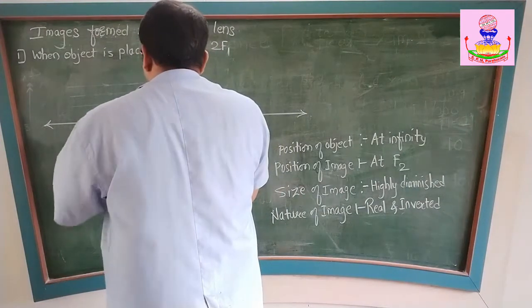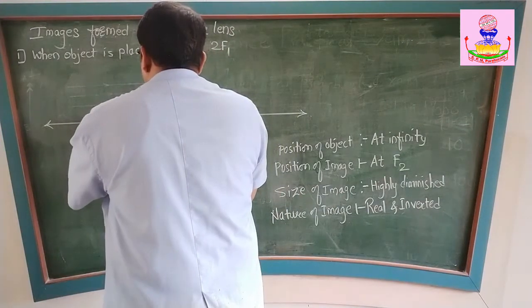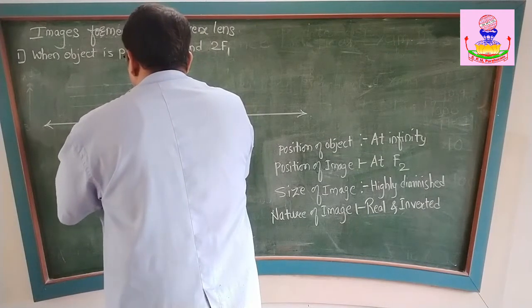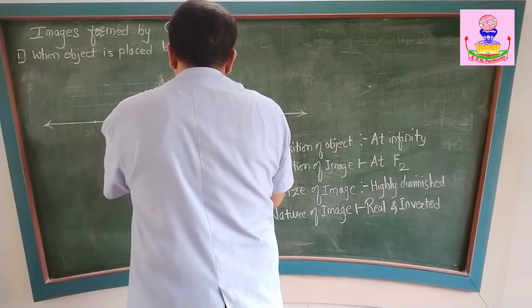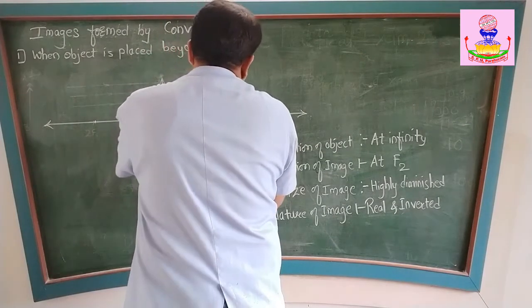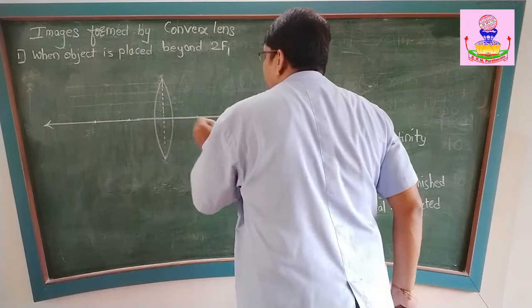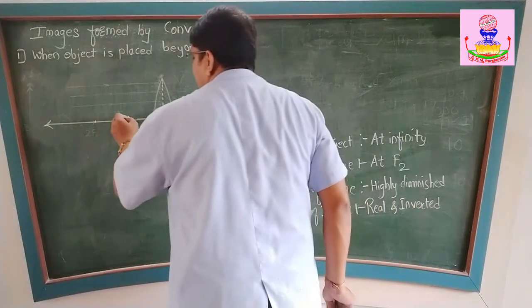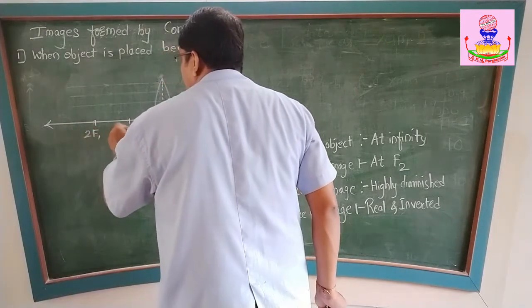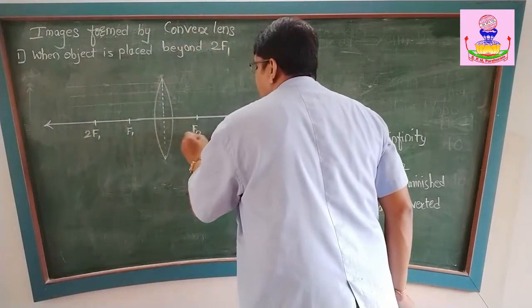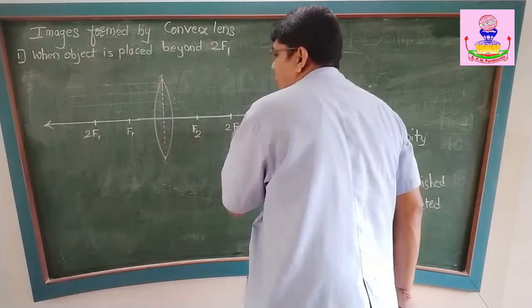Take the suitable distance as you wish. So this is 2f1, this is f1, this is f2, this is 2f2.